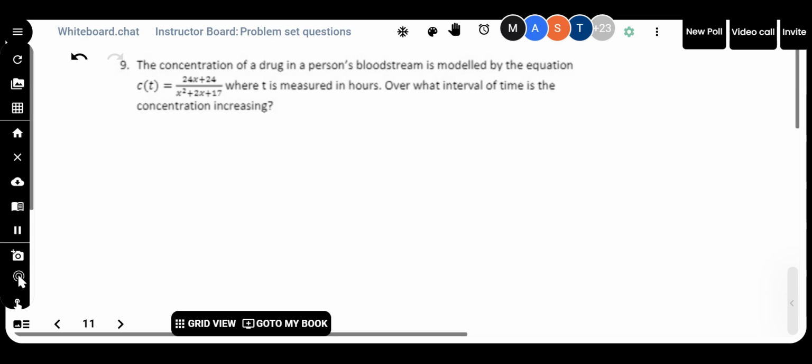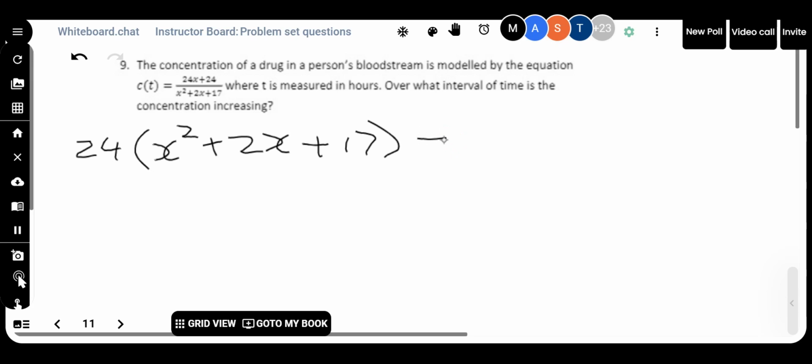So let's see how much of that we can quickly do here. Let me see if I can derive this quickly. We could do this with the quotient law. I'm going to say the derivative of the top is 24, multiplied by the underived bottom, x squared plus 2x plus 17, minus the derivative of the bottom, which is 2x plus 2, multiplied by the underived top, which is 24x plus 24.